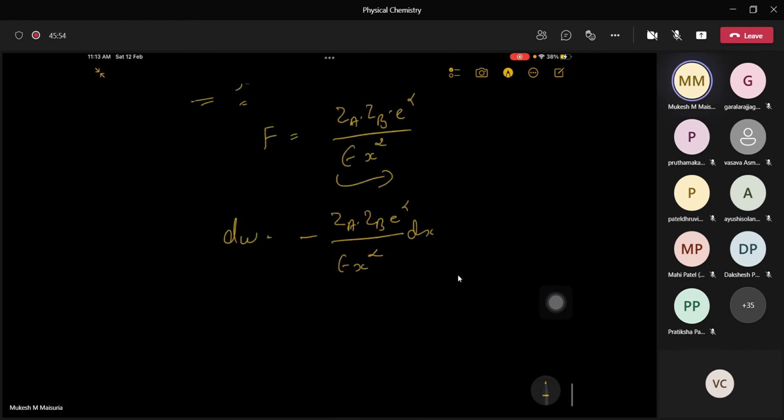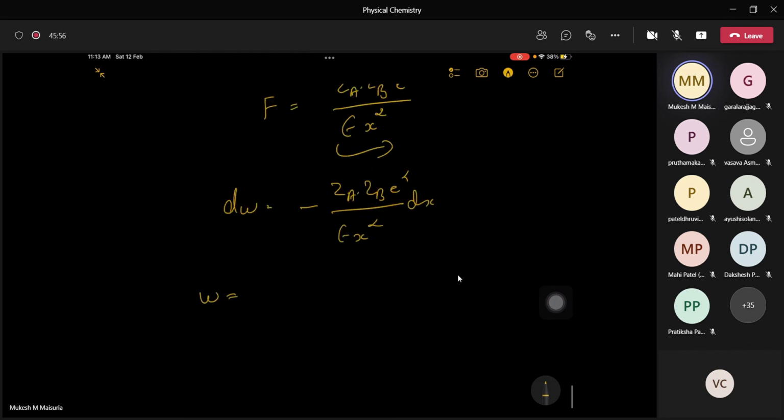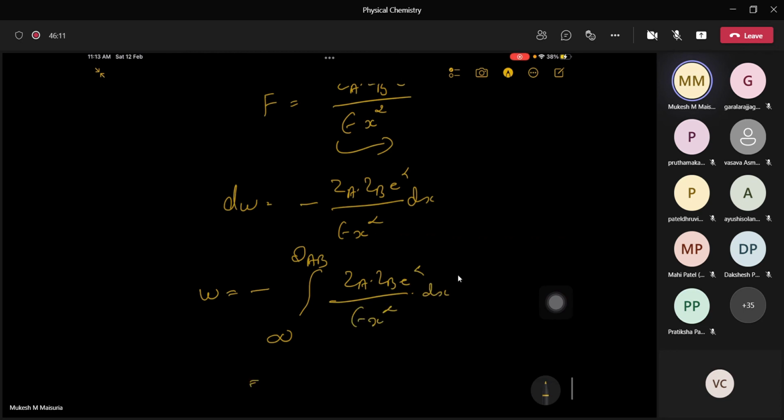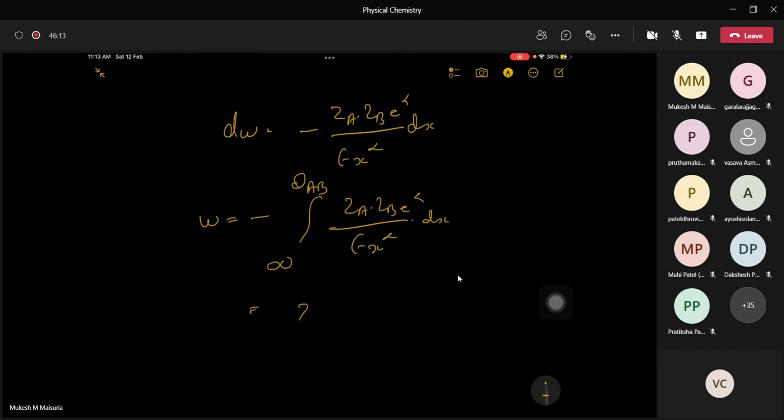Distance dab is what? w is equal to the integral from infinity to distance ab, za zb square epsilon x square dx. So that will be equal to za zb square upon dab.